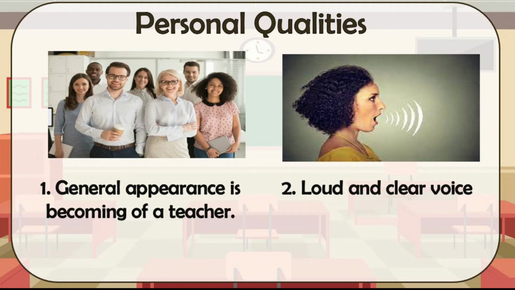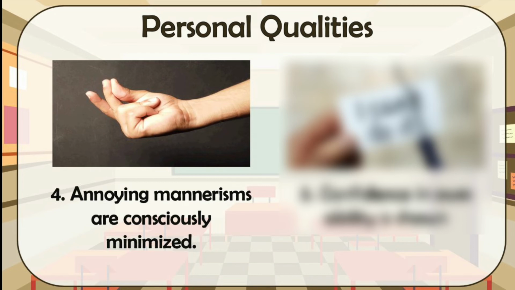Okay? Moving on to tip number 3. Annoying mannerisms are consciously minimized. An example is speech. It's really unavoidable to say filler words like "kaning kuan."